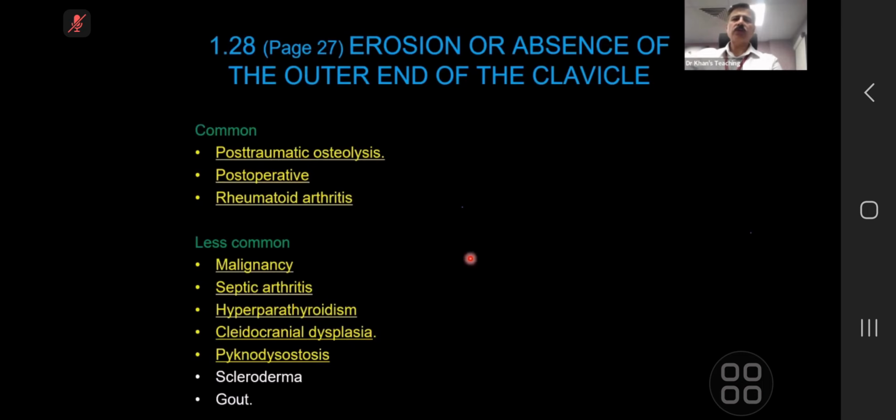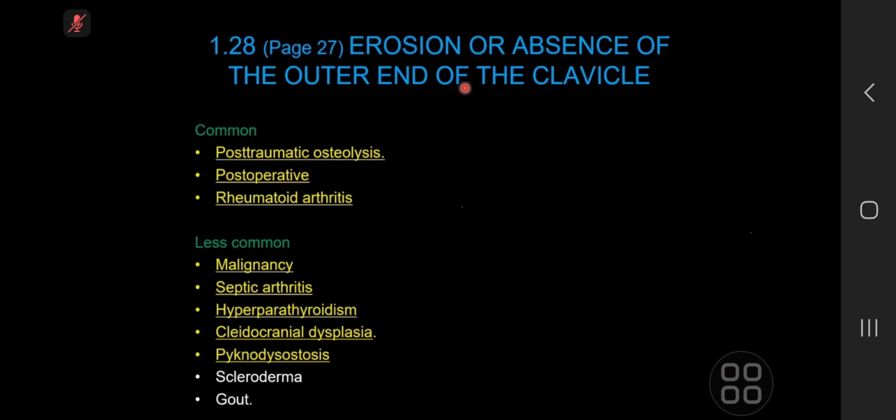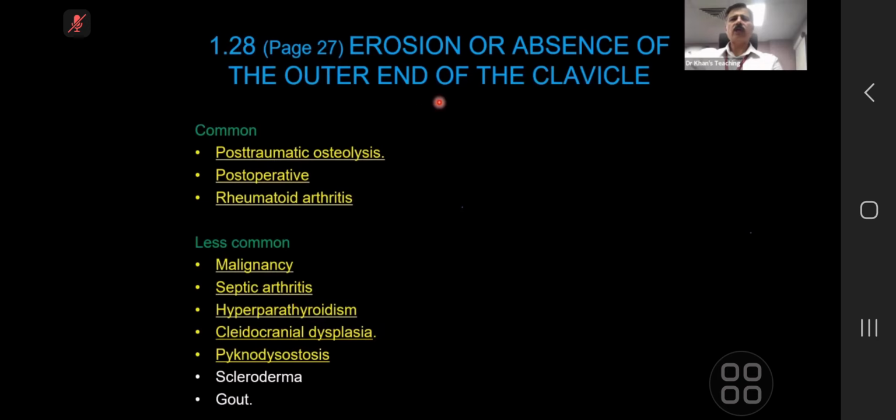The first diagnosis is, in your Chapman, this is 1.28, page 27 in the new edition: erosion or absence of the outer end of the clavicle. These are the most common causes, which we will see examples of later on. But in the less common, you can see cleidocranial dysplasia, and second is pycnodysostosis.